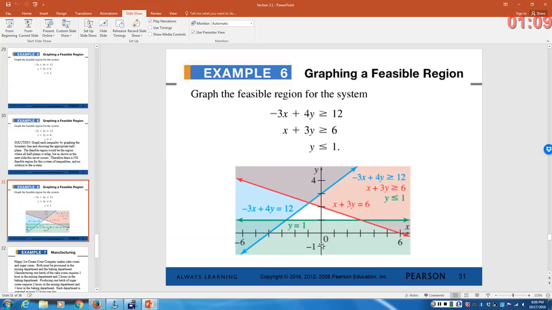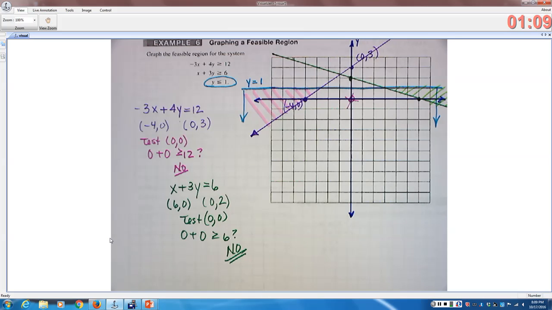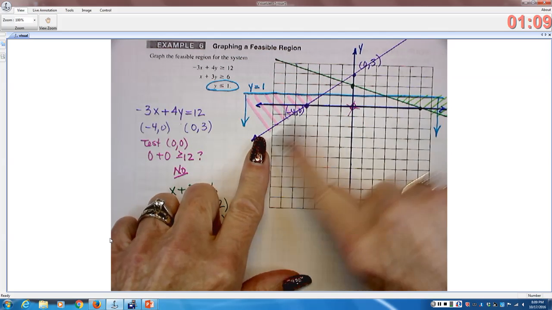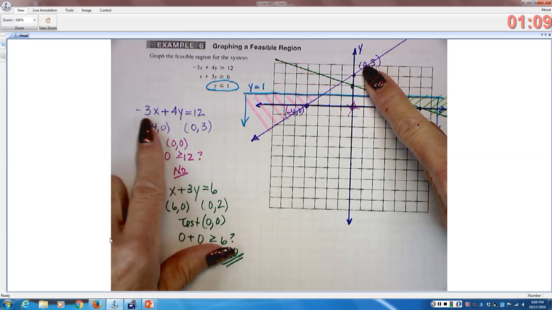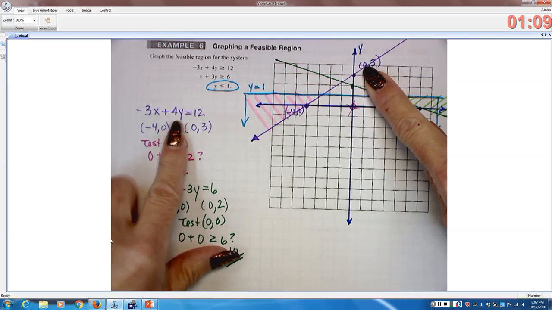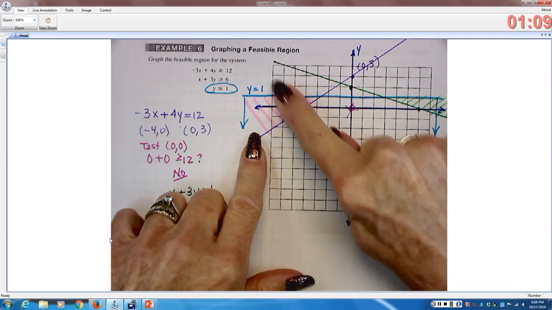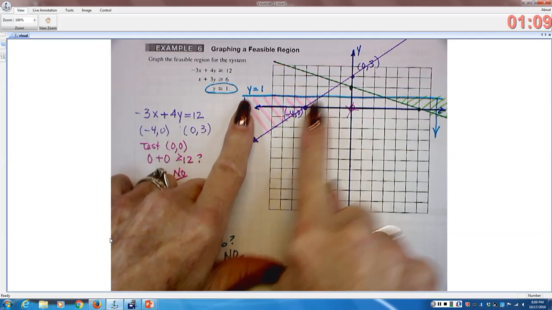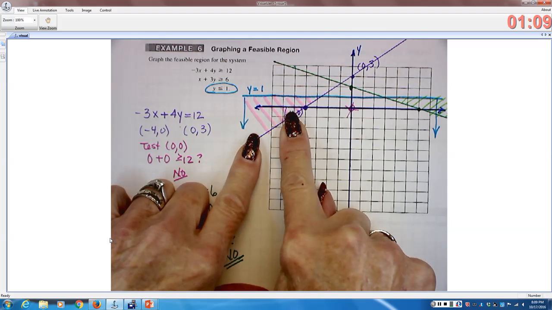So what happens, honestly, and I'll show you a different version of the picture, but it shows the same thing. Here are your solutions to negative 3x plus 4y is equal to or greater than 12, and they go above the line, but below the line y equals 1. So there's a potential overlap.